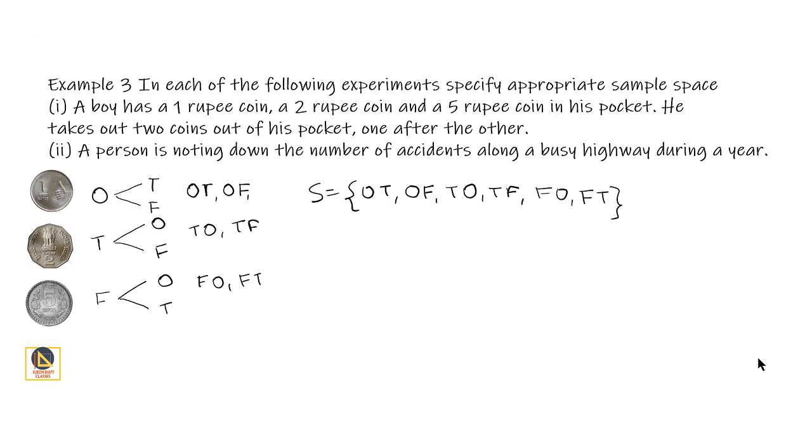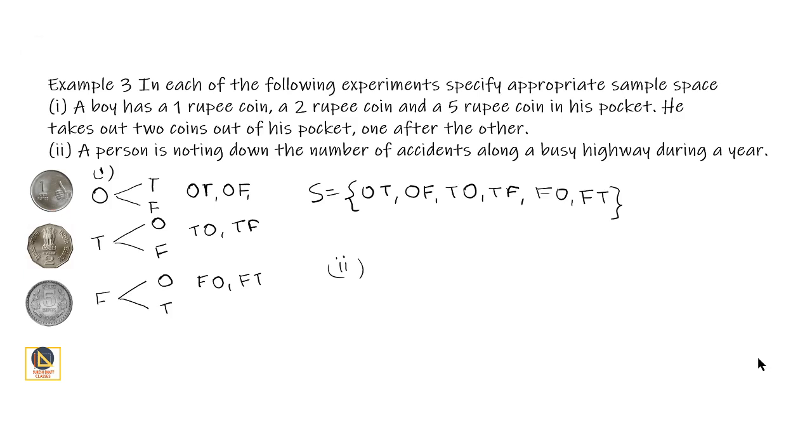Now we go to part 2. A person is noting down the number of accidents along a busy highway during a year. When a person is observing the accidents and notes them down, there may be 0 accidents, 1 accident, 2 accidents, or 3 accidents.